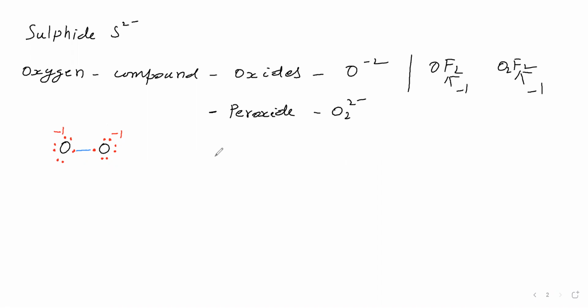Then oxygen is also present in the form of superoxide. The superoxide formula is O2 minus. What is its structure? We write the 2 oxygens and distribute the -1 equally, -1/2 on each. Each oxygen comes under group 6, so each valence shell contains 6 electrons.